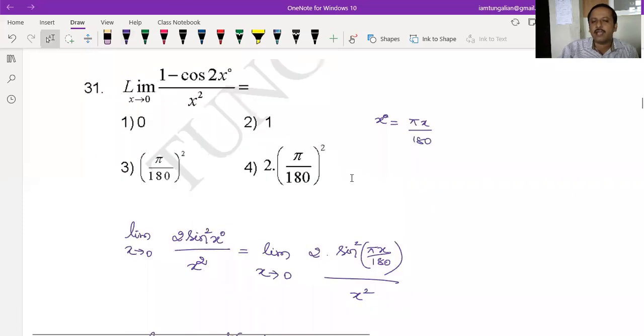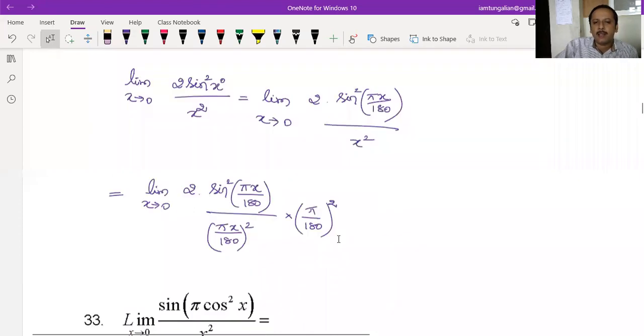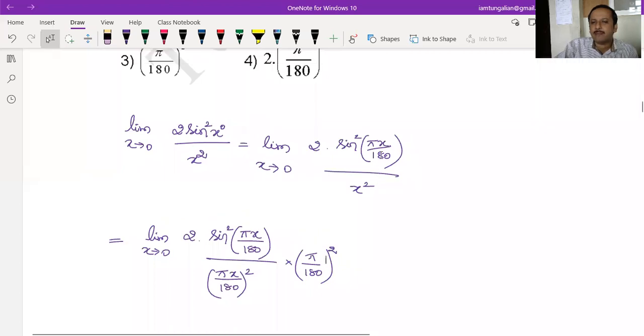So we have limit extends to 0, 1 minus cos 2x degree by x square. That is equal to, here we have sin square pi x by 180 in the numerator. Therefore, we want pi x by 180 whole square in the denominator. Now, as x approaches 0, pi x by 180 will also approach 0.